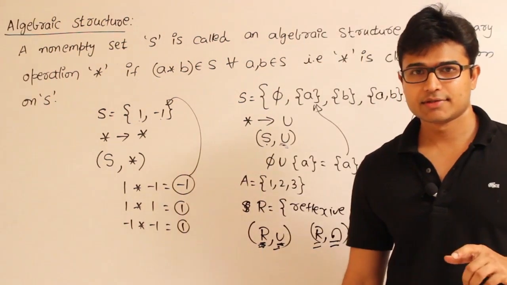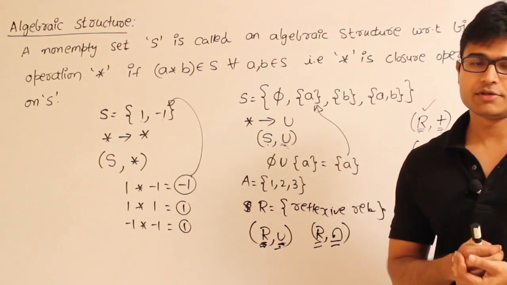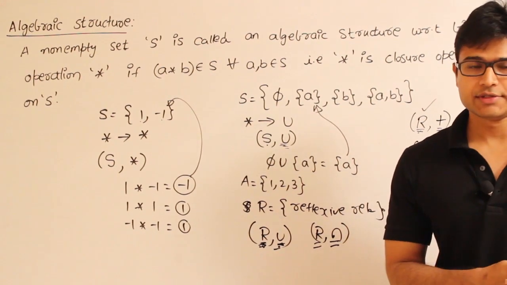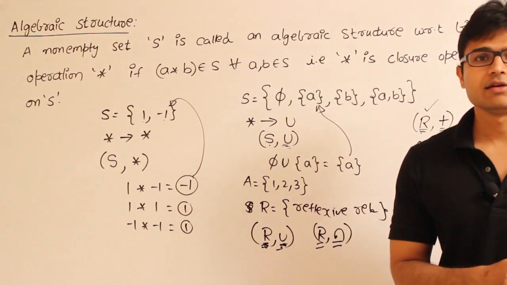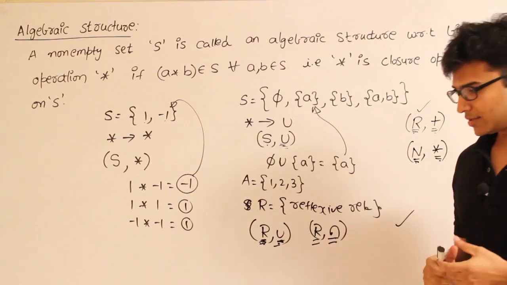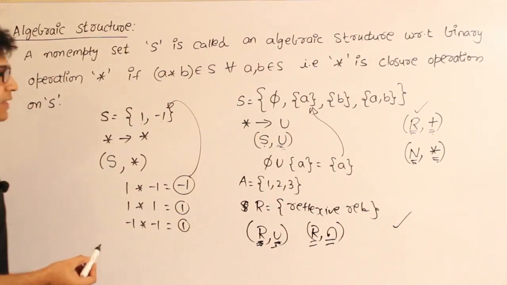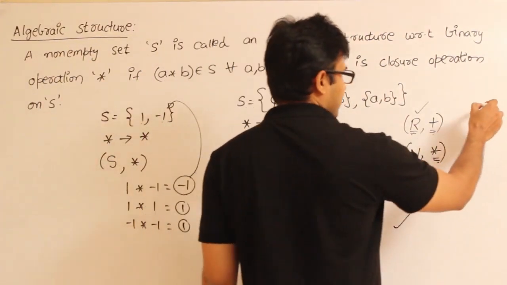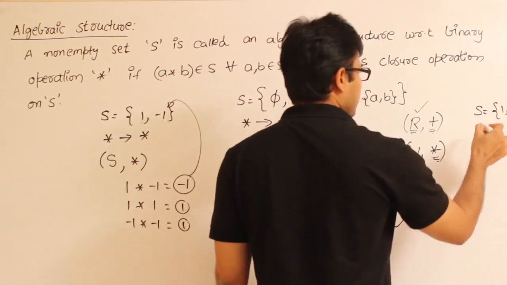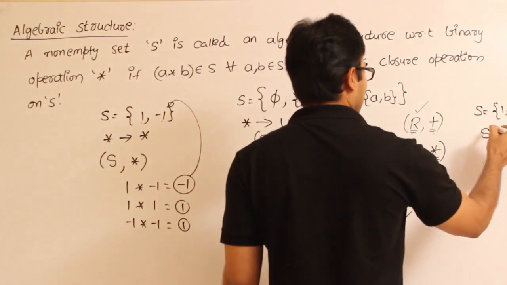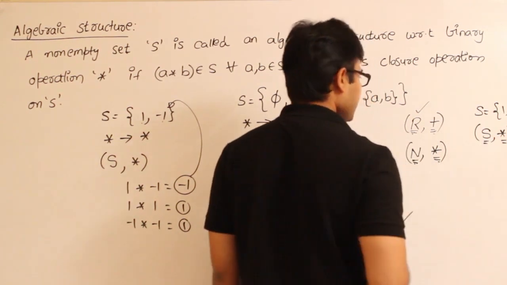One interesting question is, will there be any sets with respect to some operation that are not abelian structures? Which means, can you define some operations on a set which are not closed? Yes, it is perfectly possible. For example, let us say a set S has three elements, 1, 2, 3, and I define S comma star, which means I am talking about this set with respect to the operation multiplication.